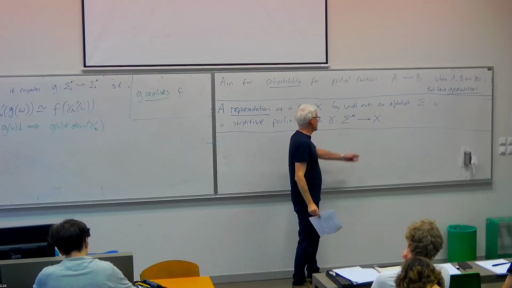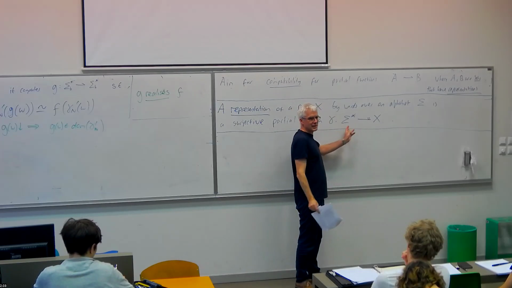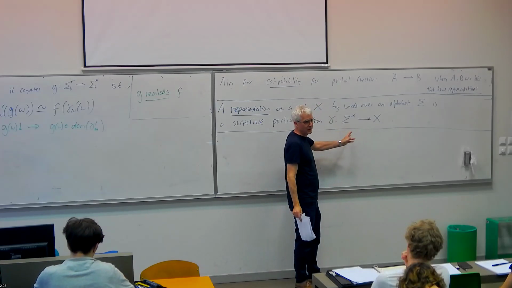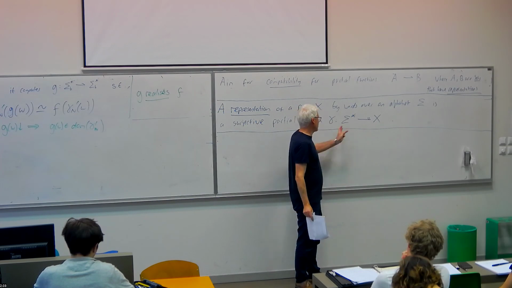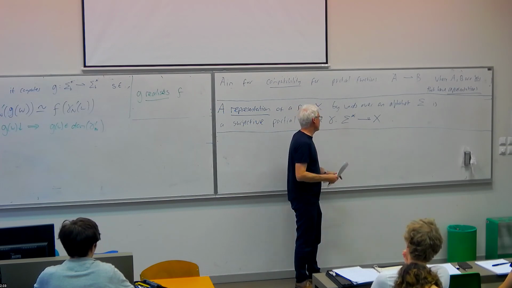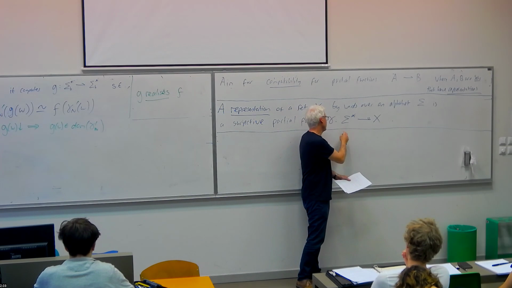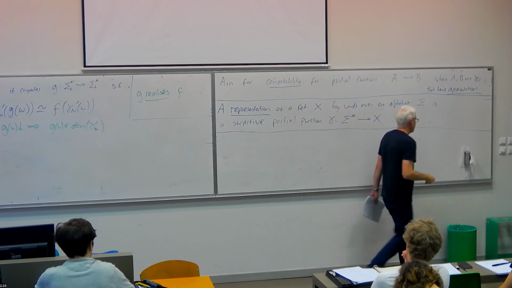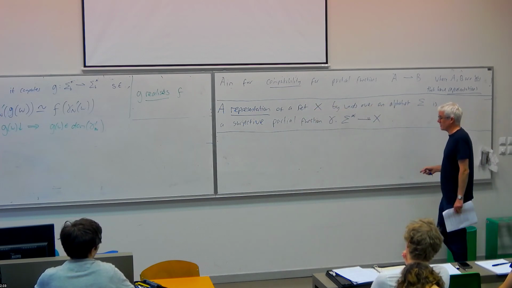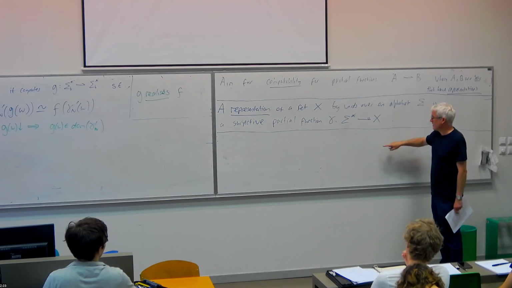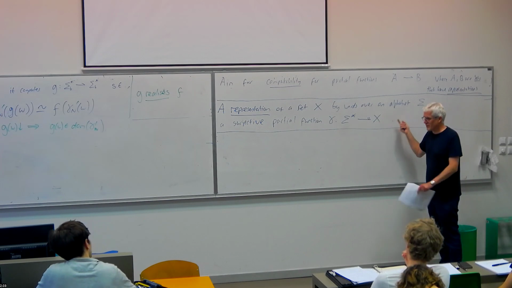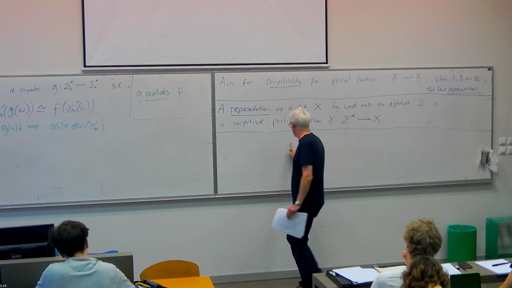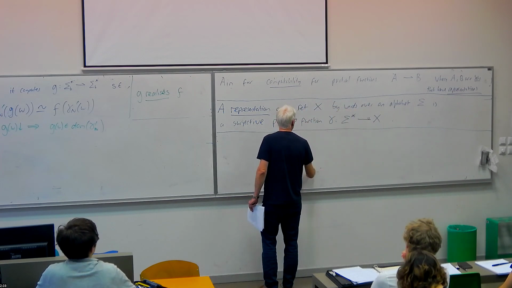So surjectivity says every element of the set has to be represented by at least one word, but perhaps several. And the partiality is important because we don't require that every word needs to be the representation of an element. For example, in the case of the representation of numbers without leading zeros, we didn't have every word. We only had some words being representations of numbers.